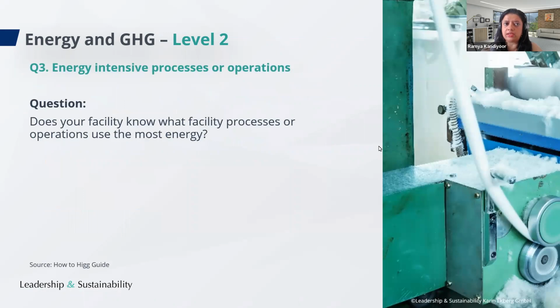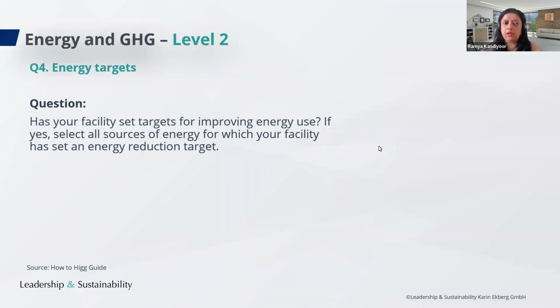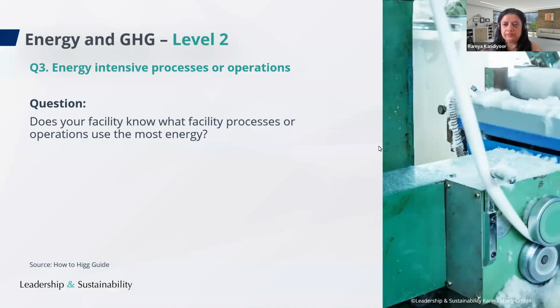The third question is on energy intensive processes and operations. Does your facility know which facility processes or operations use the most energy? Let me just go back here. The intent of this question is to understand and evaluate the entire energy use within the facility.